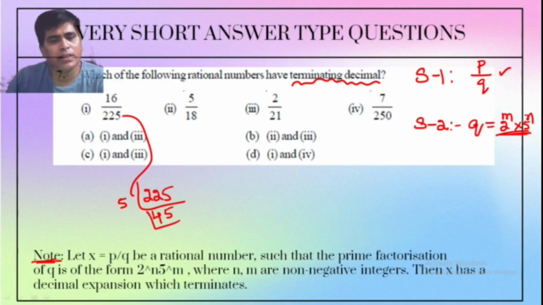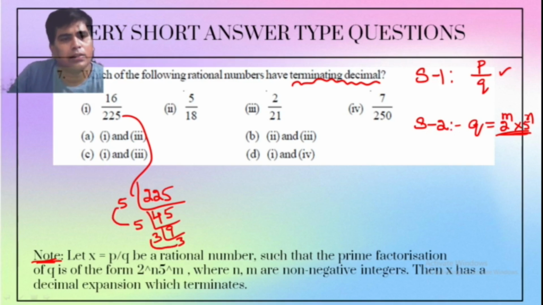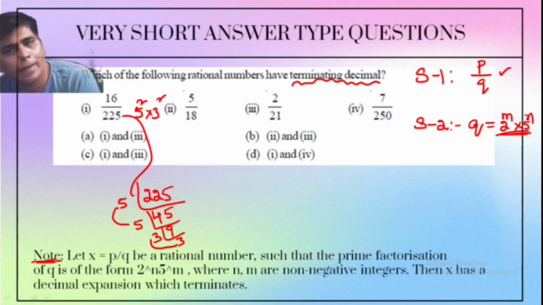Again the number ends with 5, it is divisible. 5 nines are 45, so 9 goes by 3 table, 3 threes are 9. So 225 can be written as 5 into 5 and 3 into 3, that is 5 square into 3 square.